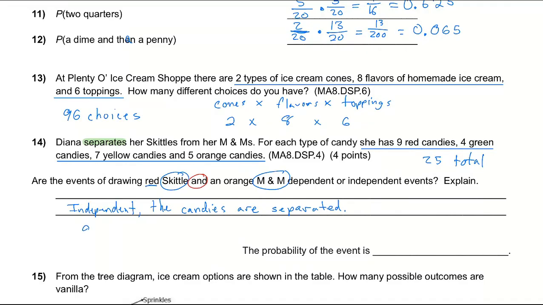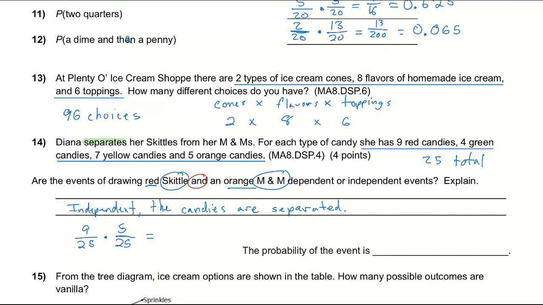So she's got 9 out of 25 Skittles times an orange M&M. So 5 out of 25. And since they're separated, the denominators don't change. We're not taking from one big pile of candy. We're taking from one pile and then from the other pile. 9 over 25 times 5 over 25.